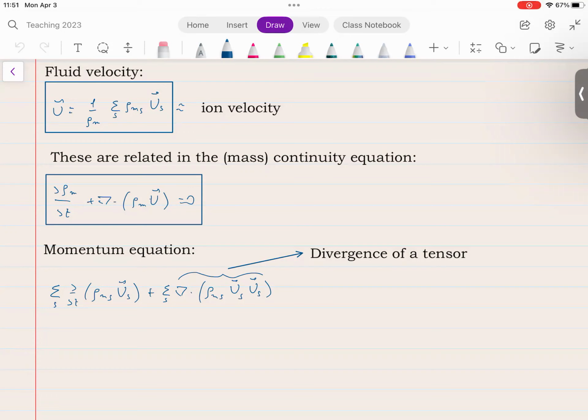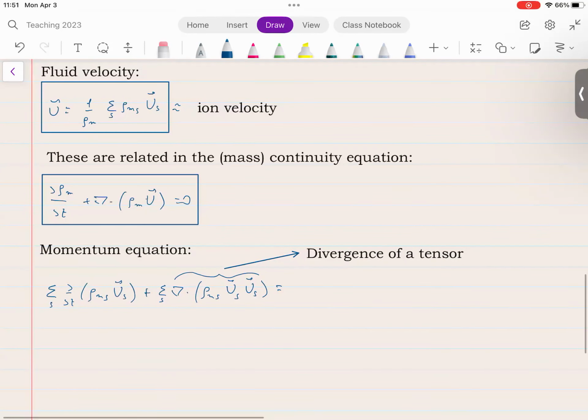But U U is a two-dimensional quantity in the sense that it's a 3x3 matrix in three-dimensional space. And taking the divergence brings the number of dimensions down by 1, it turns into a vector. Okay.